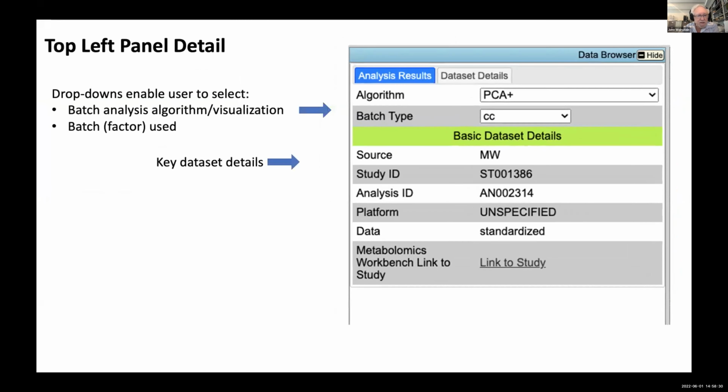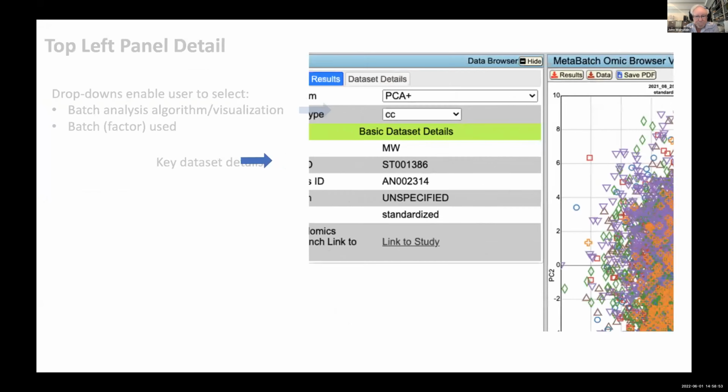The upper left of the panel is a set of controls for choosing algorithms for representation and a variety of kinds of information, including details on the data sets. This is immediately accessible from the link in the Metabolomics Workbench that I showed you earlier.